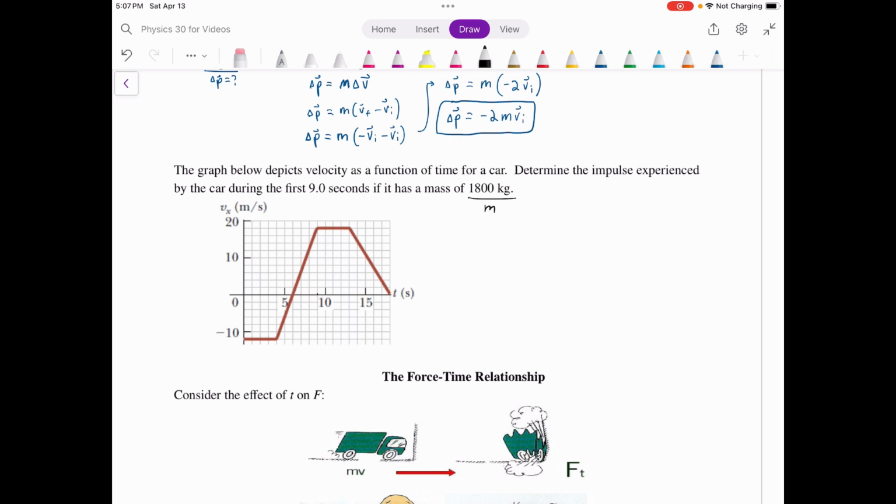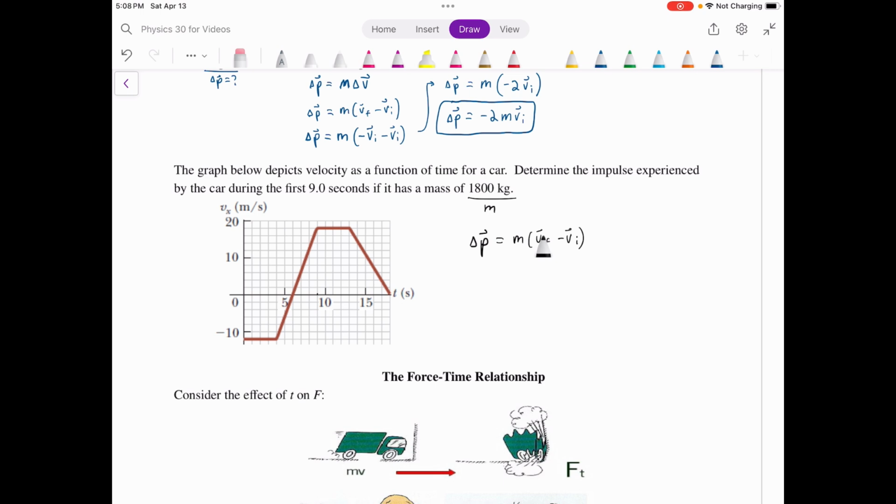Now, graphical analysis, like I said, it's always about slope, area, intercept. Sometimes, though, it's even just about reading the numbers we need off of the graph, okay? So the impulse, the change in momentum, we know that that is just mass times the change in velocity, right? Okay, well, what this graph is showing us is the velocity of the car as time goes on.